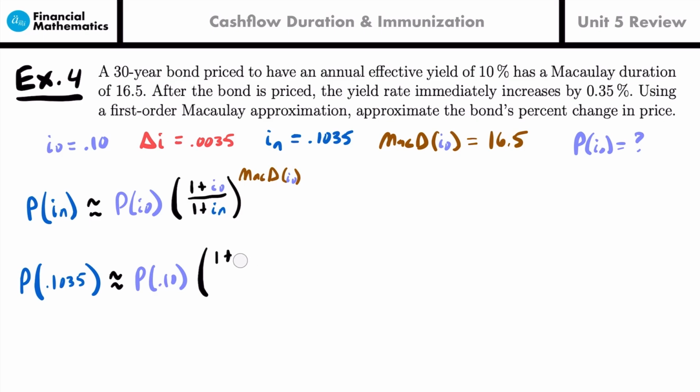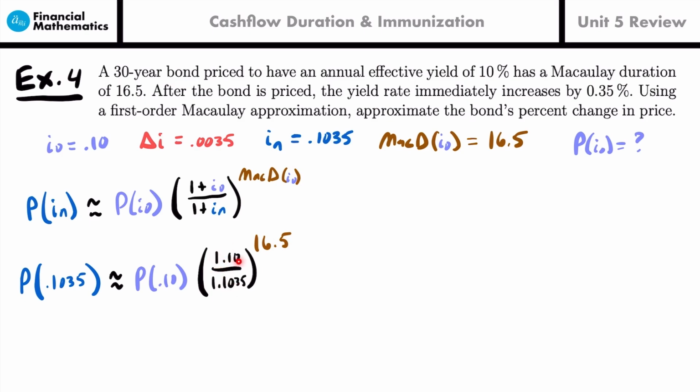So really we have 1.10, and that will be divided by 1 plus the new interest rate, so 1.1035. Then that will be raised to the power of the Macaulay duration at the original interest rate. So we have 16.5 as our power.